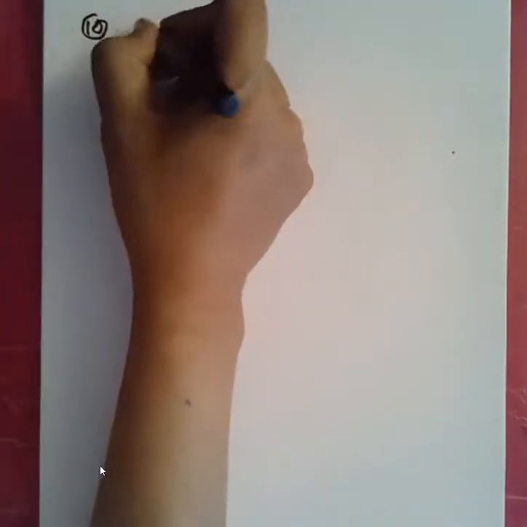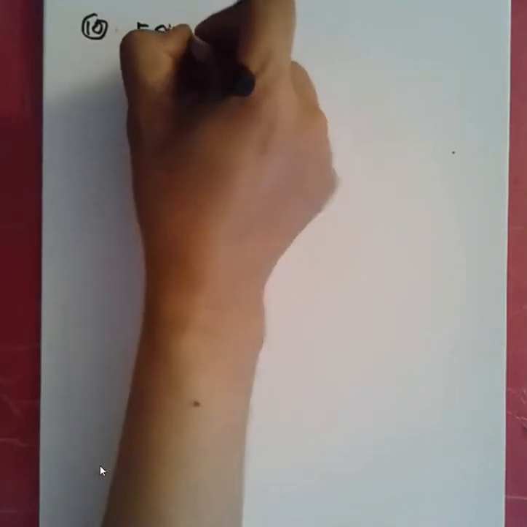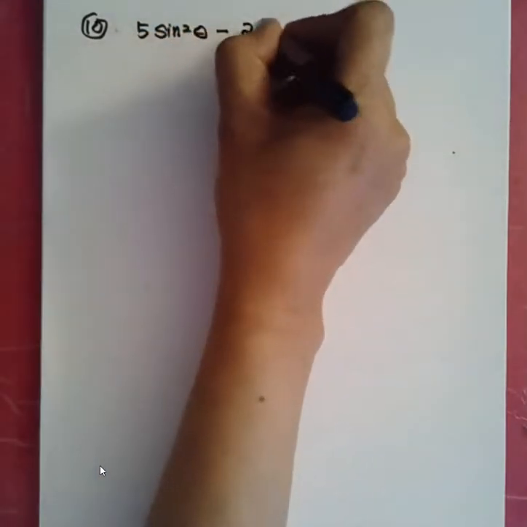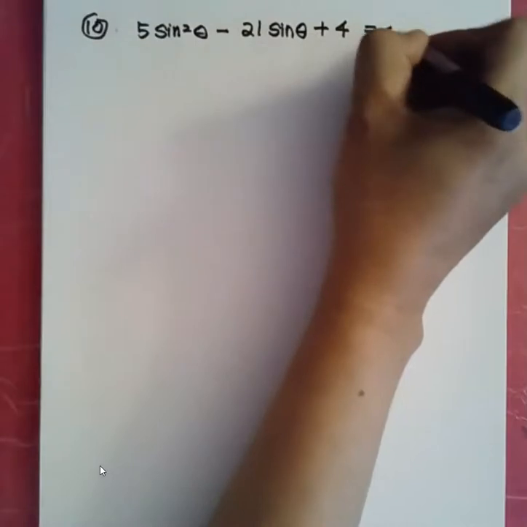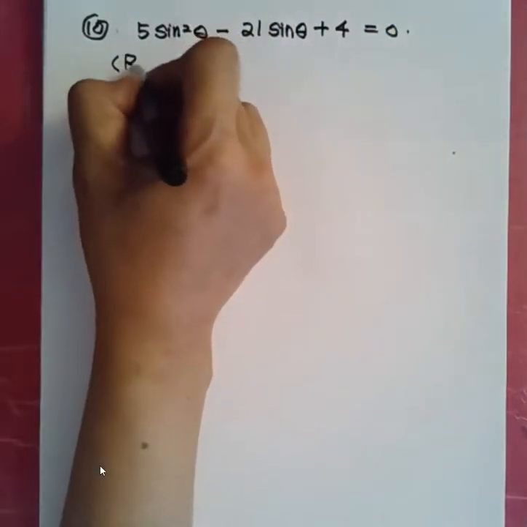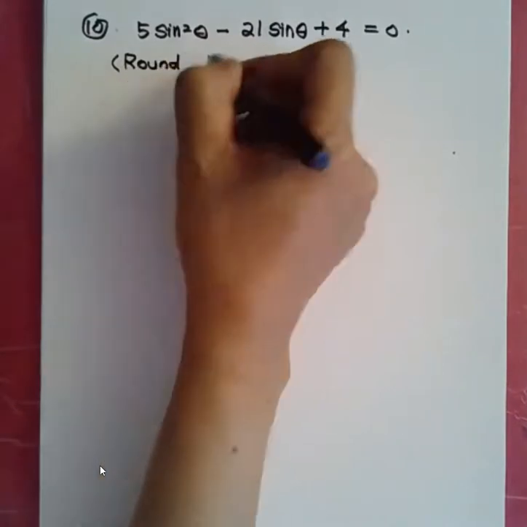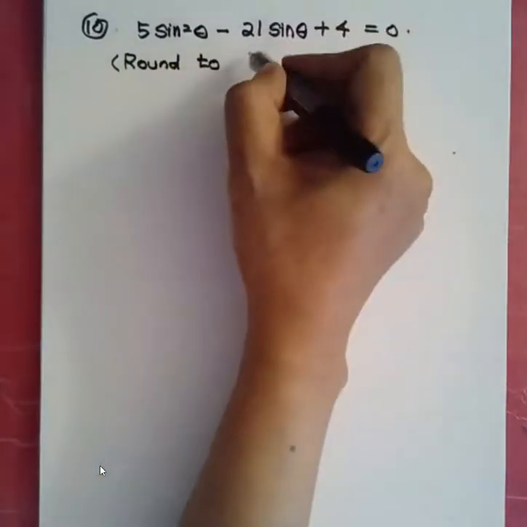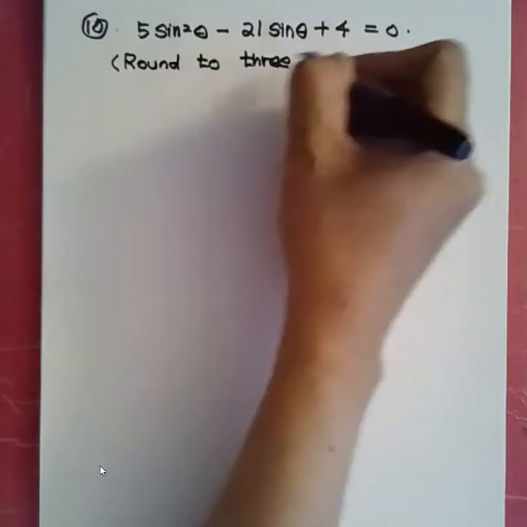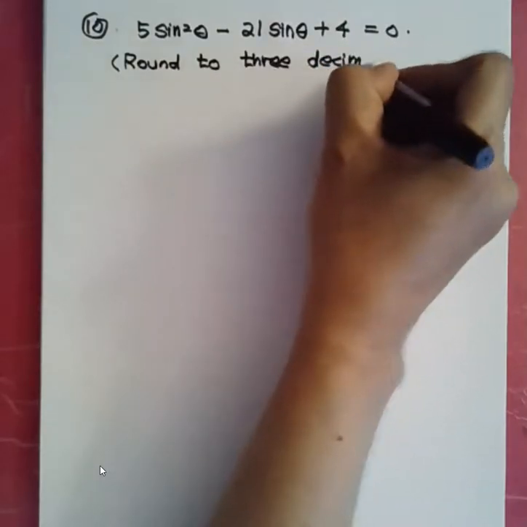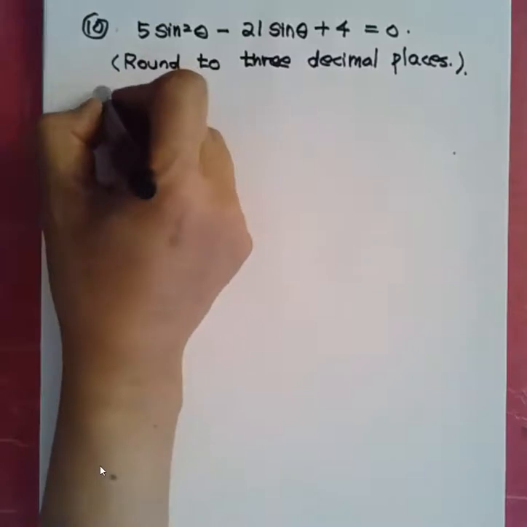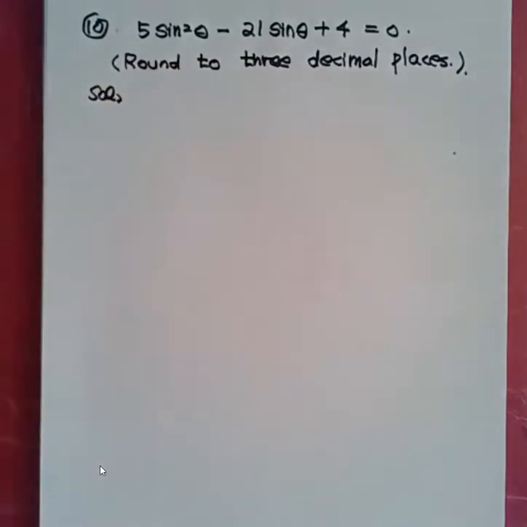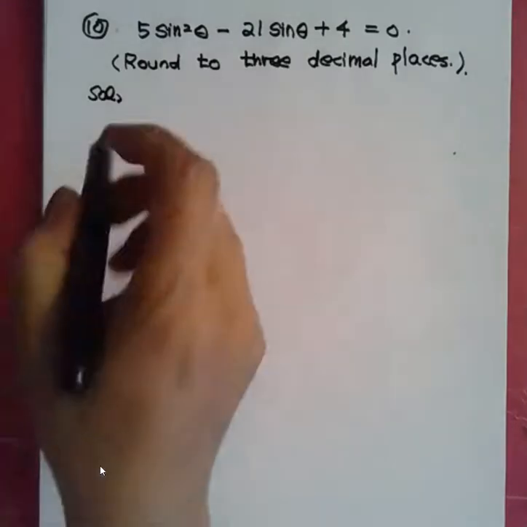The next problem is 5 sine squared of theta minus 21 sine of theta plus 4 equals 0. The problem will not be neat. So the problem is asking you to round to 3 decimal places. This involves a quadratic equation.